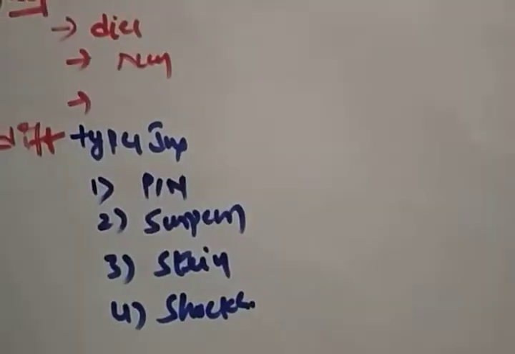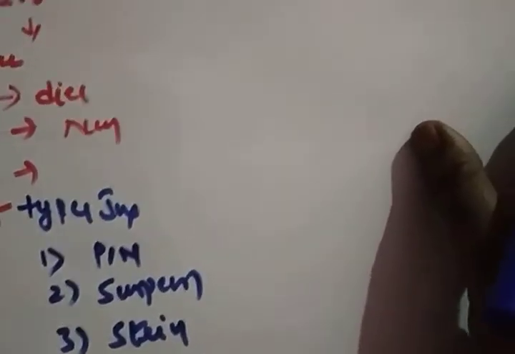One is the pin type insulator, second is the suspension type insulator, third is the strain insulator, and the fourth is the shackle insulator. These are the 4 types of insulators. I'll give a brief glimpse of these.